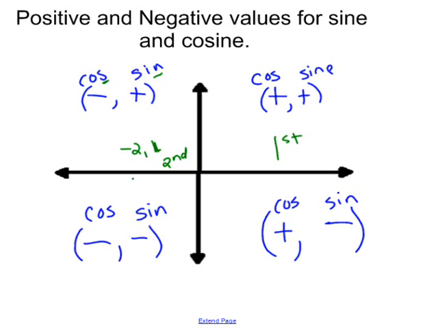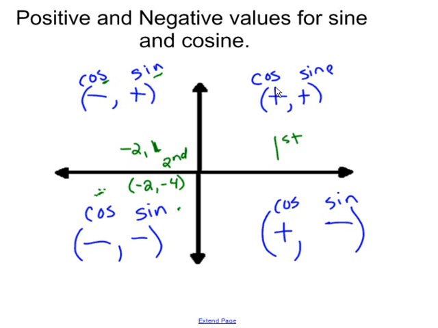If we plotted the point -2, -4, we would end up in the third quadrant. Again, cosine is the x, so if x is negative in this quadrant, so is cosine. If y is negative in this quadrant, so is sine.